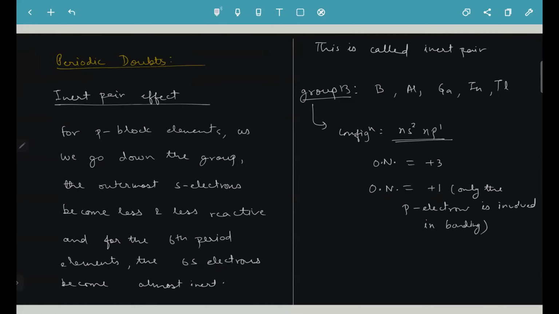So it is observed that boron and aluminium show an oxidation state of +3 only. Gallium, indium show +3 and +1.